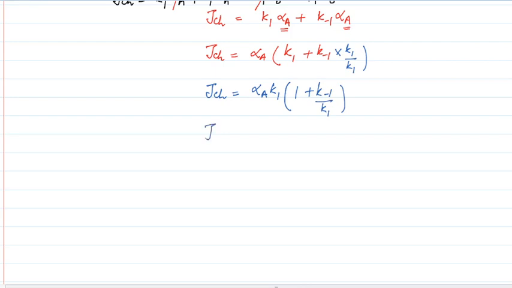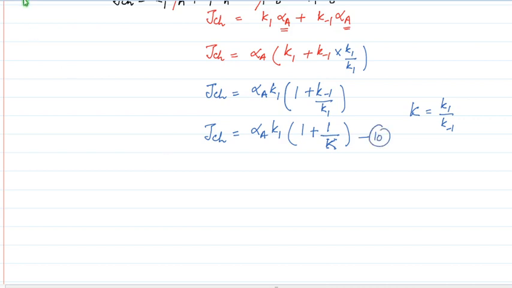So we will write it as JCH is equal to alpha A K1 into 1 plus, but we know K is equal to K1 upon K minus 1, that means forward upon backward direction, so it will be equilibrium constant. So this comes out to be 1 upon K, that means the capital K here, equilibrium constant here. So this is now equation 10.